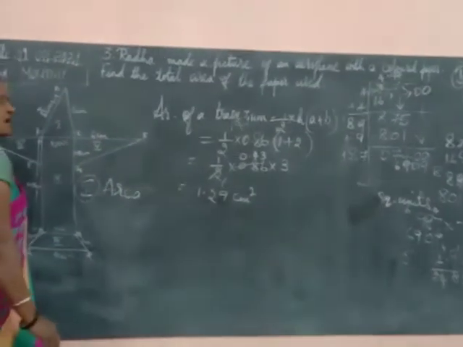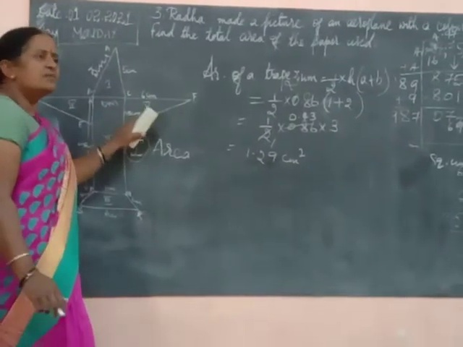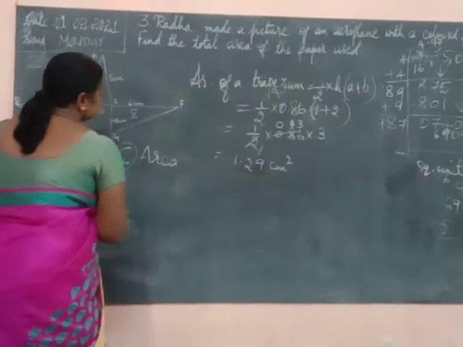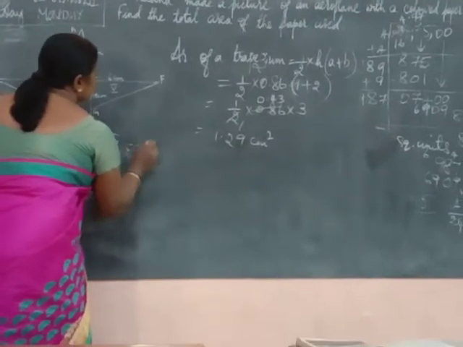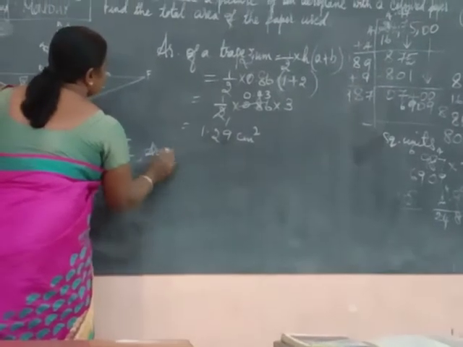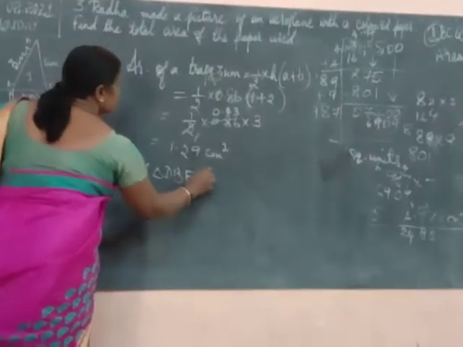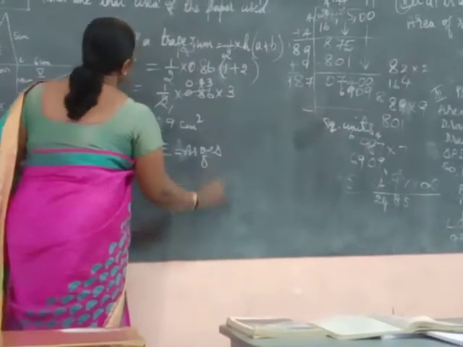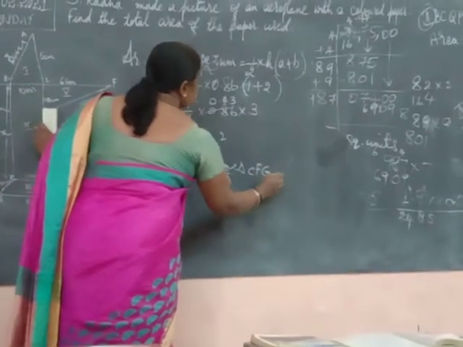Which is the fourth part? Part DBE. And this fourth part and fifth part are both the same. Okay, now the area of triangle DBE plus area of triangle CFG is equal to what?